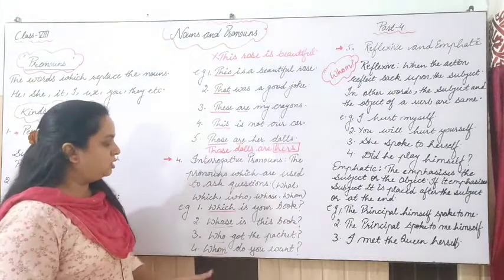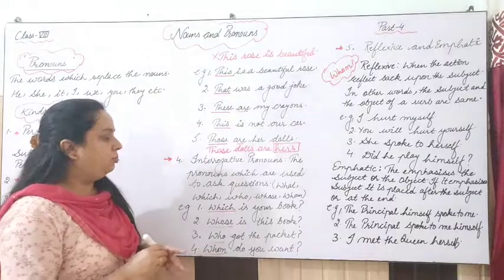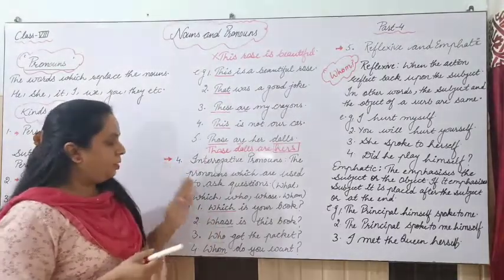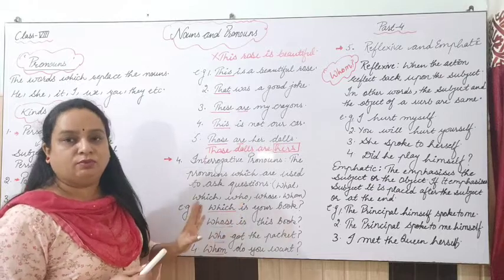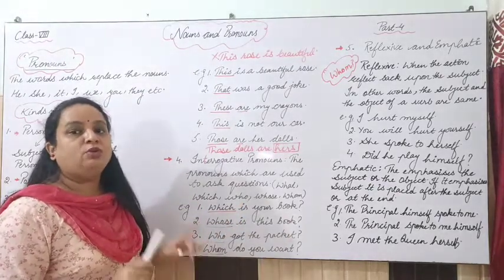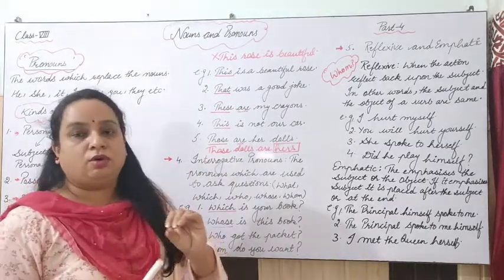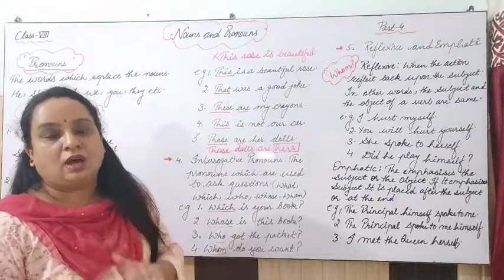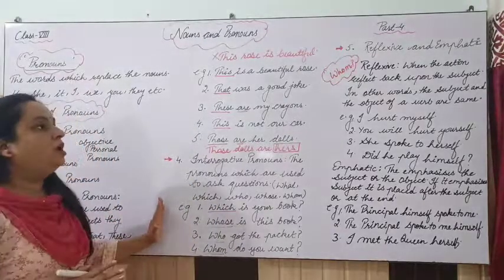A pronoun. So what you have noticed here, in all kinds of pronouns and adjectives, after pronouns there will be a helping verb or verb, but it is not always so. What you have to differentiate is that adjectives always have nouns after them, right? So this is interrogative pronouns.